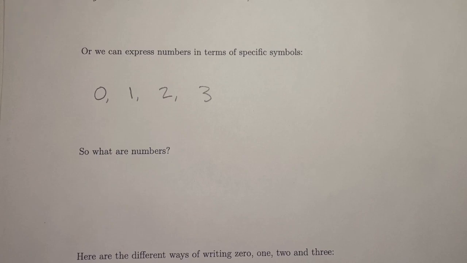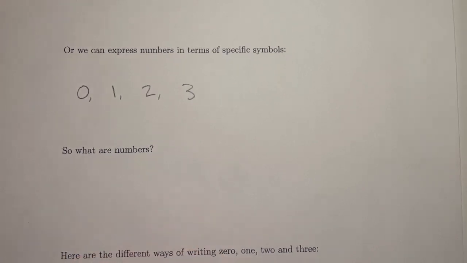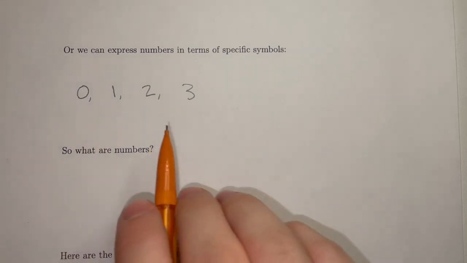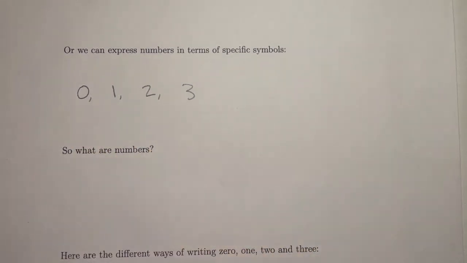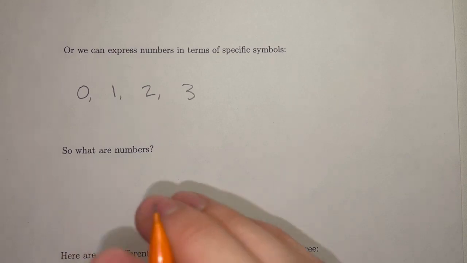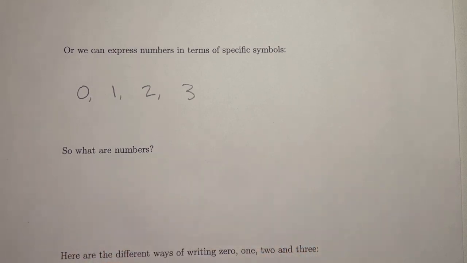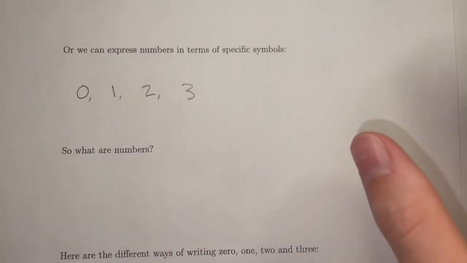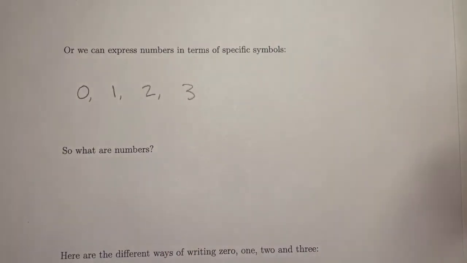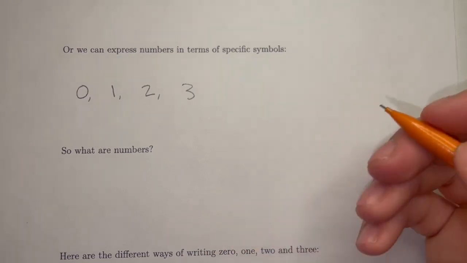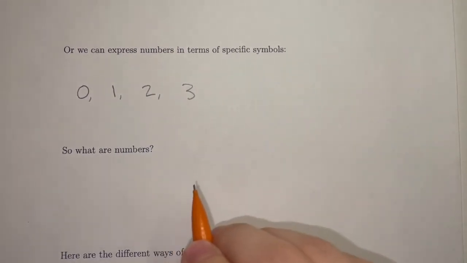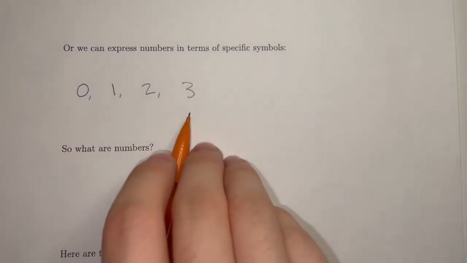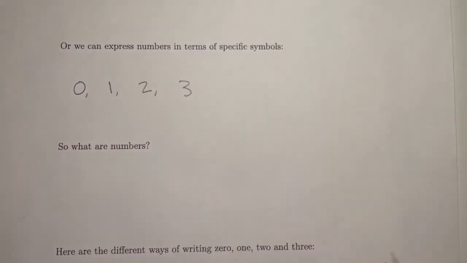And that's what numbers are. We are explaining the amount of something with these symbols. And that's really the basics of numbers. That's all they are. It's just some value, some quantity of something, and we express it with these symbols called numbers.